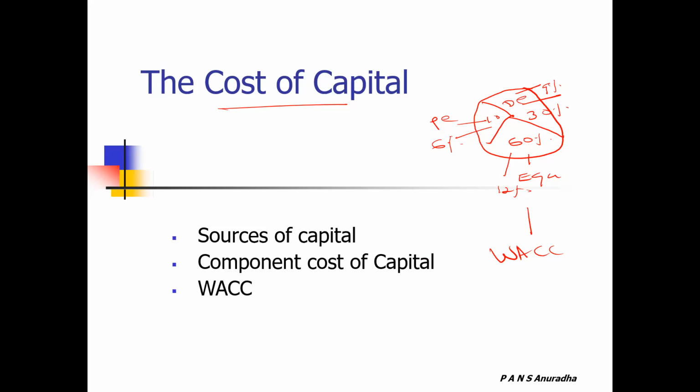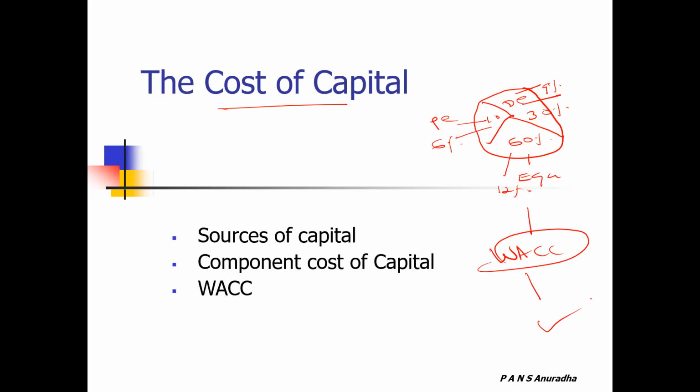So the weighted average cost of capital means the weight of the preference shares multiplied by its cost, plus the weight of equity multiplied by its cost, plus the weight of debt capital multiplied by its cost. This is what we are going to calculate in this lesson.